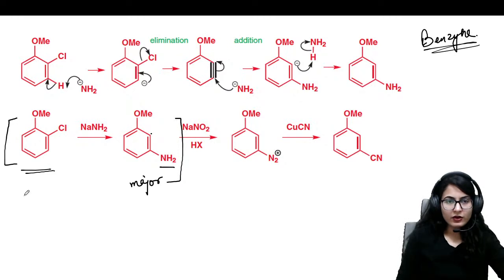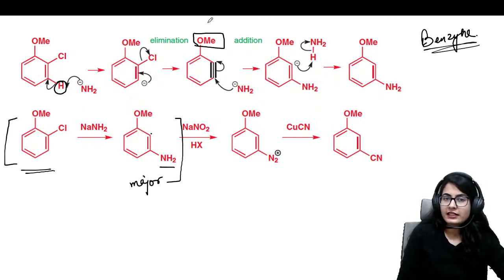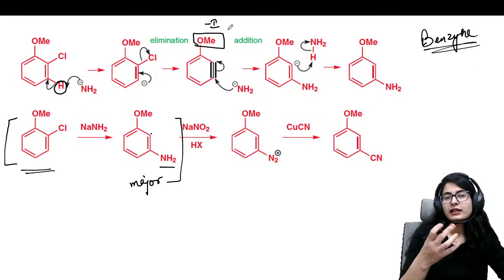That is because when you are generating the benzyne by the removal of the only possible proton in this way, and we are generating benzyne, this is your benzyne, very well. After the benzyne formation, you will know where the nucleophile is going to attack in such a way that this group can show its effect. Either it will be a minus I effect or a plus I effect.